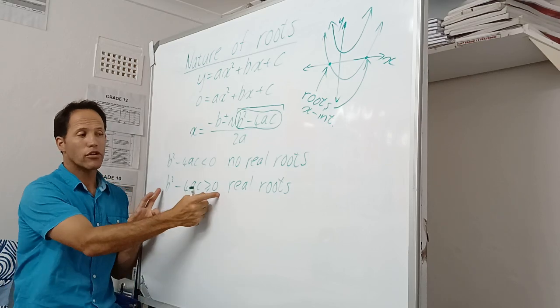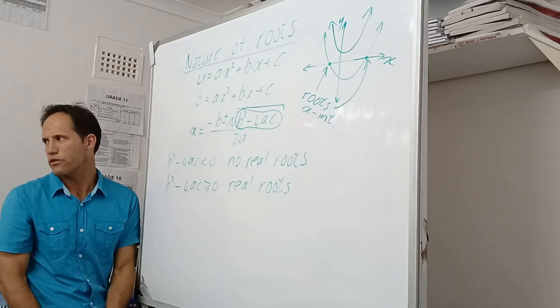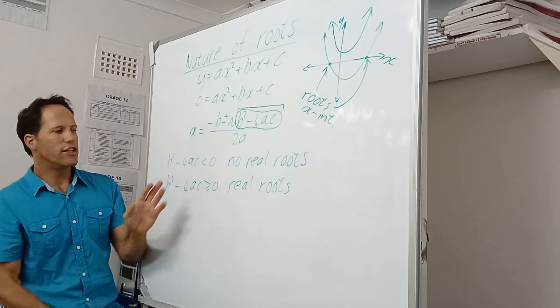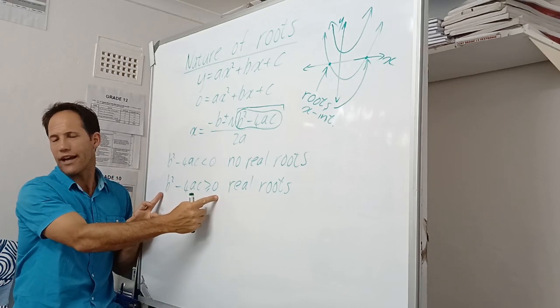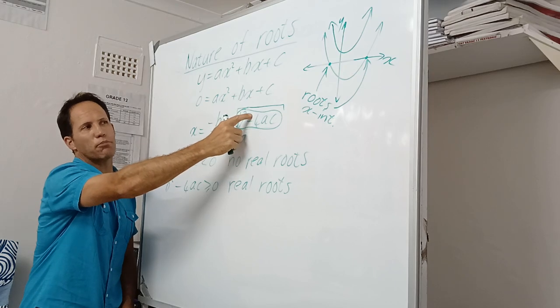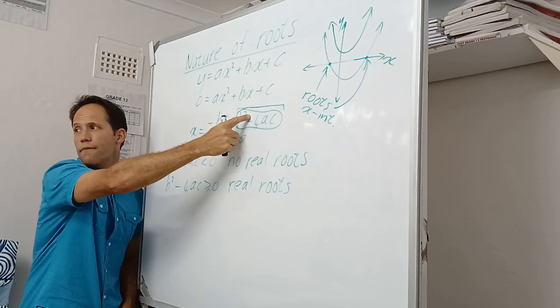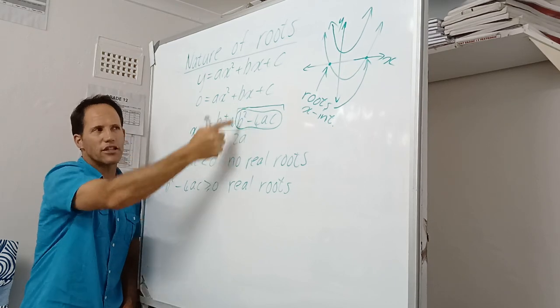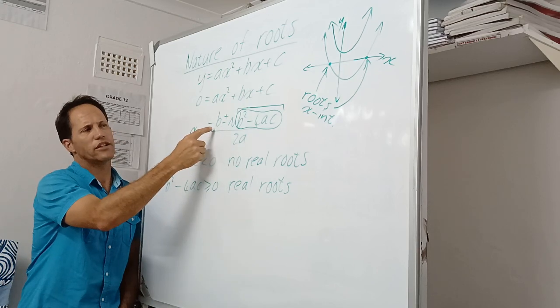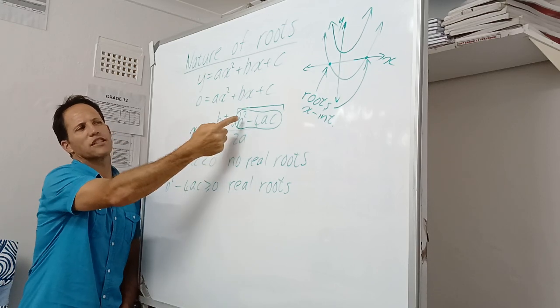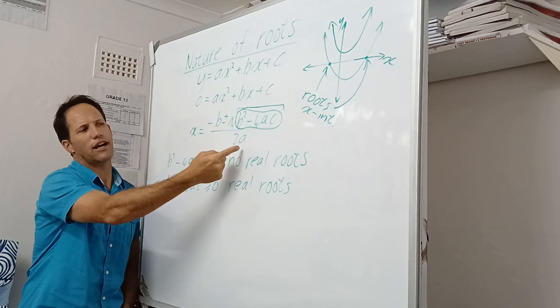Now, when they're bigger or equal to 0, you get different kinds of real roots. Okay? If b squared minus 4ac is a perfect square, like 16, then the square root of 16 is 4. Then you can actually write it as a fraction. You can get negative b, for instance, negative 2 plus 4 over 2 times 2 or whatever.